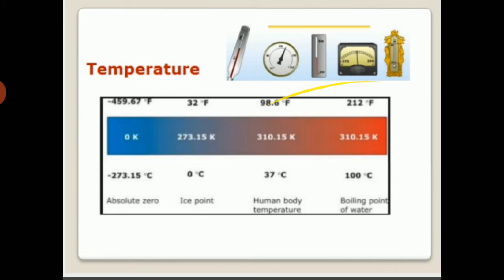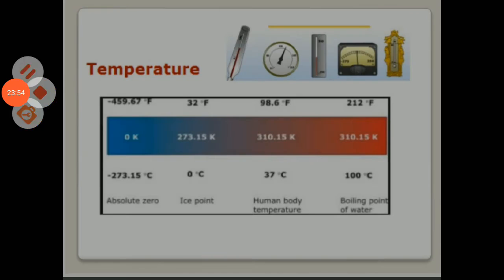Centiliter is noted by the symbol cl. And milliliter is noted by the symbol ml. For the English system, ounce is noted by the symbol oz, cup is denoted by the symbol c, pint is noted by the symbol pt, quart is noted by the symbol qt, and gallon is noted by the symbol gal.